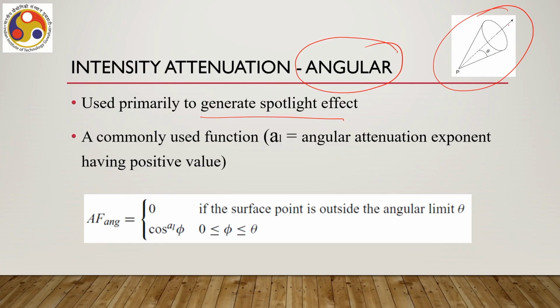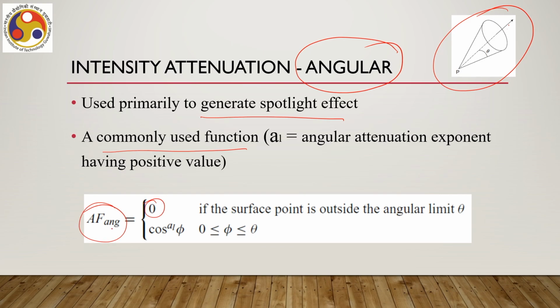If we want to generate such an effect, then we can make use of the intensity attenuation factor. A commonly used function to determine the factor is this given here, the attenuation factor angular.